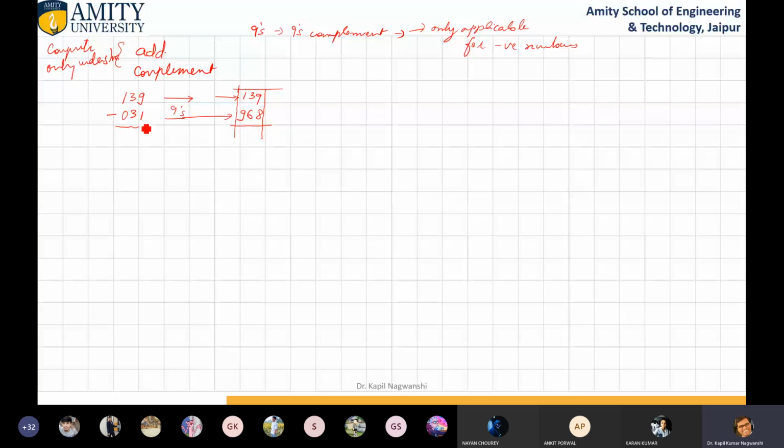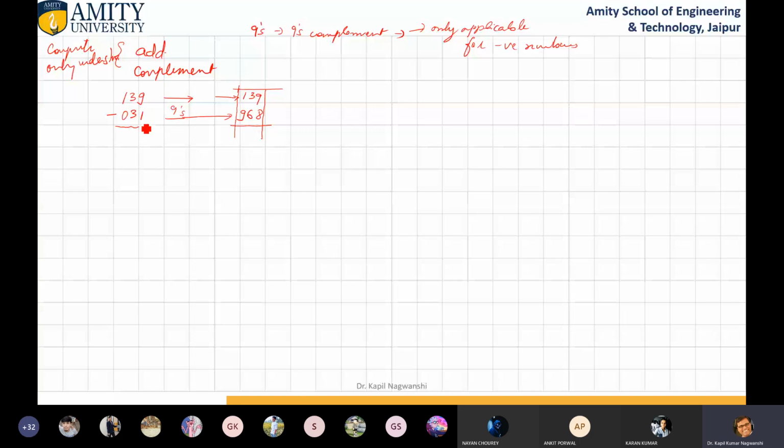Whenever this extra bit is there, it shows that the number is positive. Second thing, we need to add the carry if a 9's complement is there. So we add this 1, and this will be 108, and it is our answer. Okay, clear? Yes, sir.